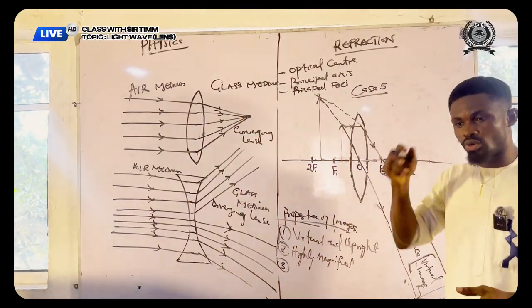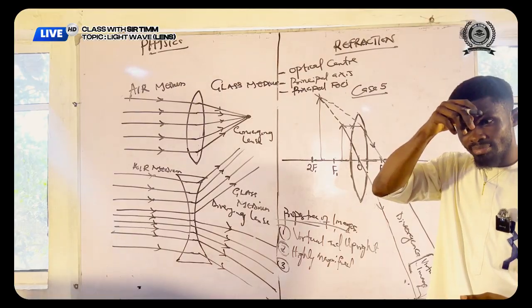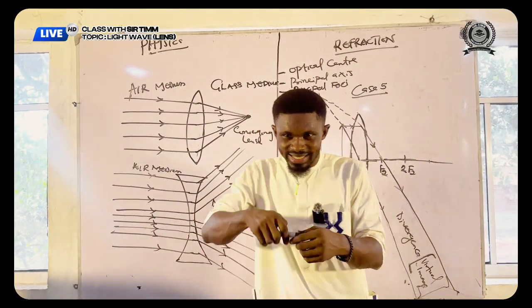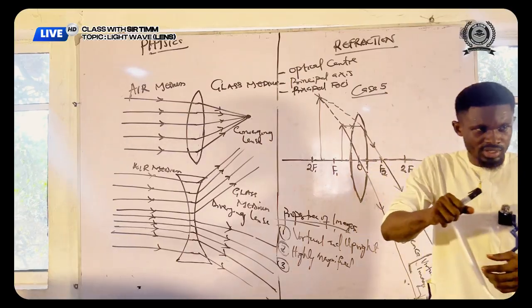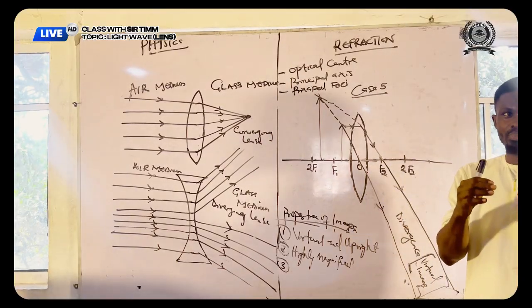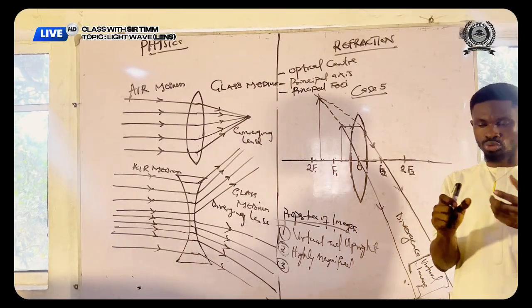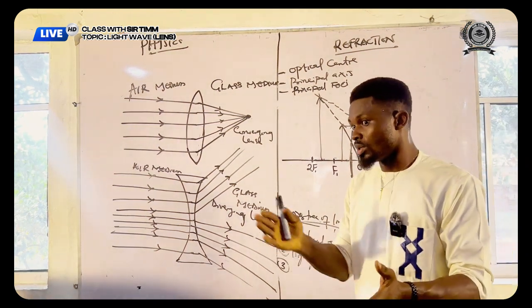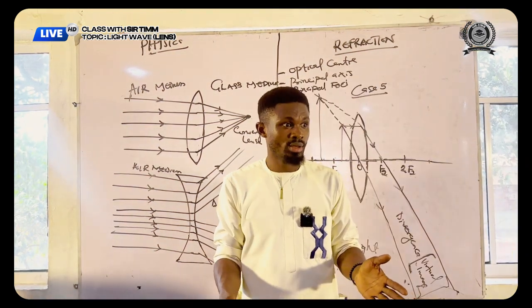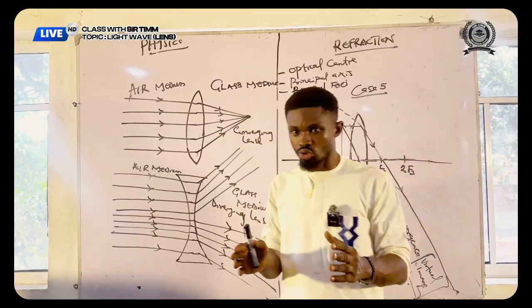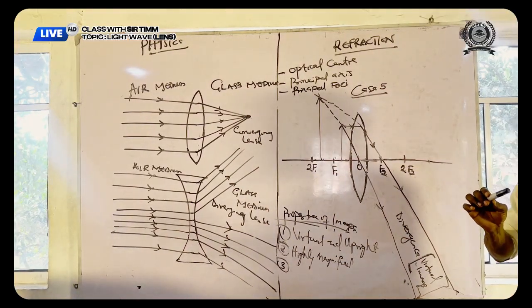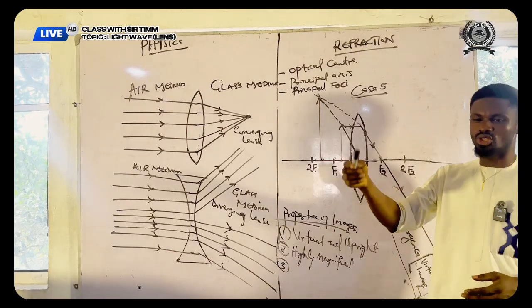Convex or converging lens. Like a microscope. Not just microscope, the hand one is much better. A microscope can be tuned to different magnifications, ×2, ×4, as the case may be. But the hand magnifying glass is fixed.